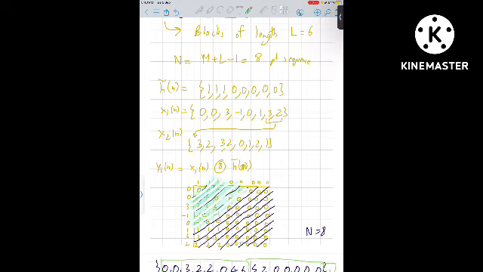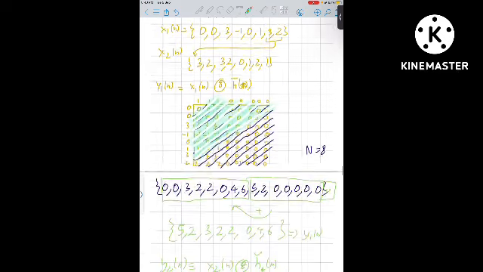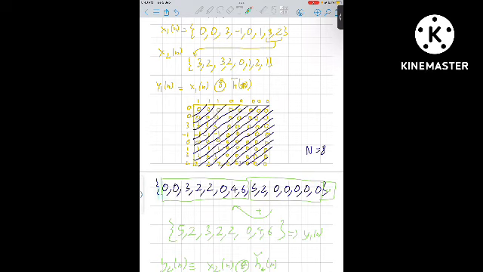But then our N was equal to 8, so we will take blocks of 8, 1 2 3 4 5 6 7 8. Okay, this is a block, this is another block. Now you add them.